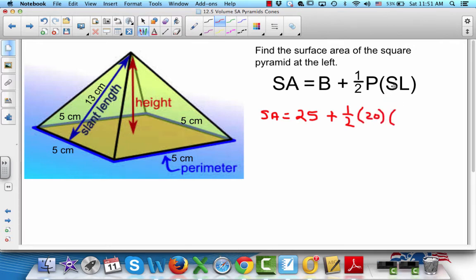And the slant length is 13. So that gives us surface area equals 25 plus 1/2 of 20, which is 10, and 10 times 13 is 130. So that gives us a surface area of 155 centimeters squared.